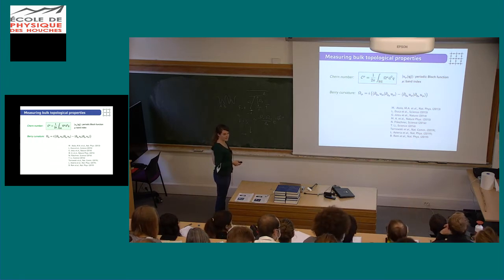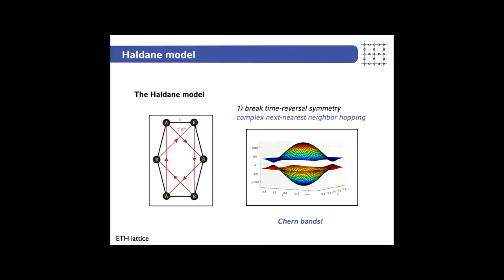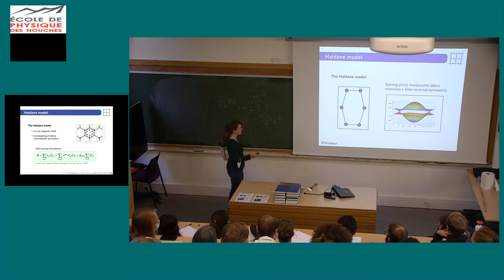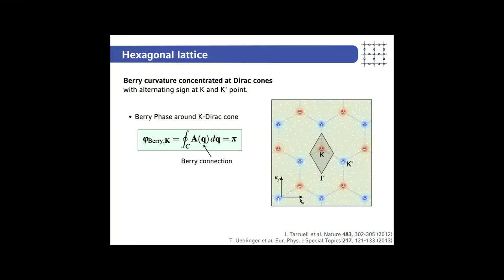Yeah? I guess two images ago, why did the Berry curvature change sign? Is there some intuitive reason? Well, I can tell you what happens. I'm not sure it's very intuitive. Let me go back to this picture.